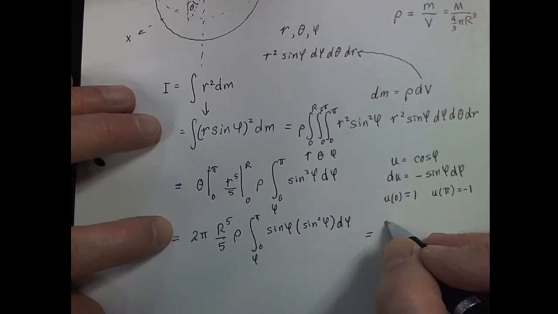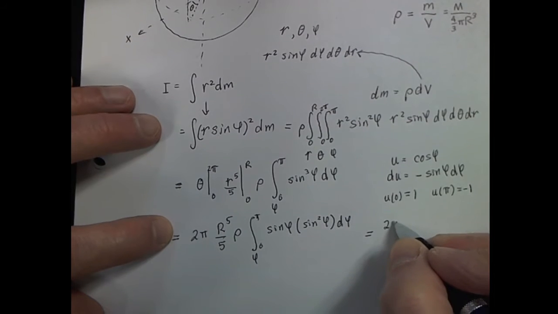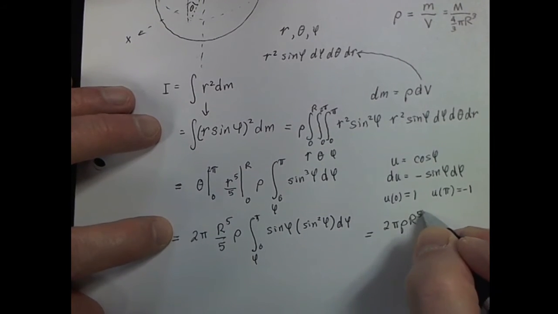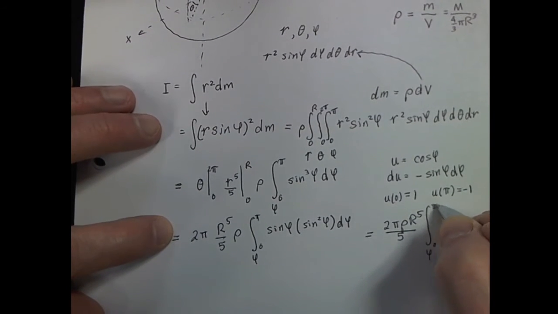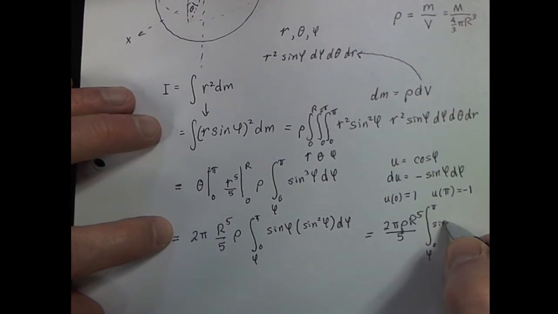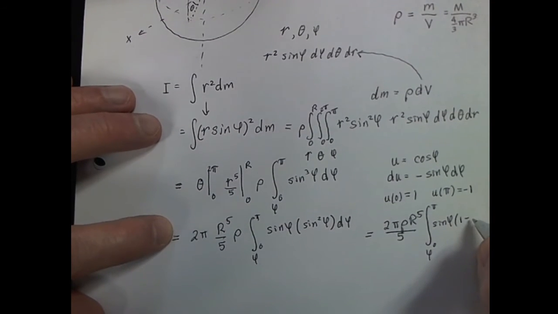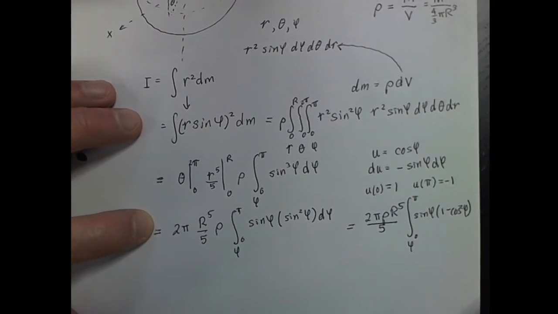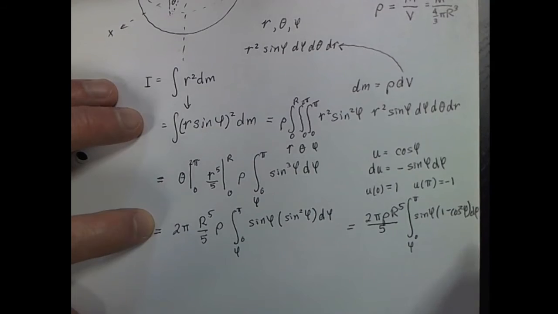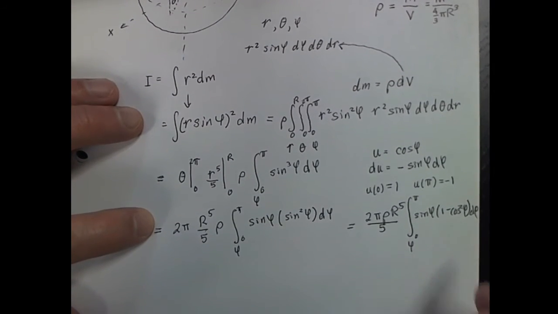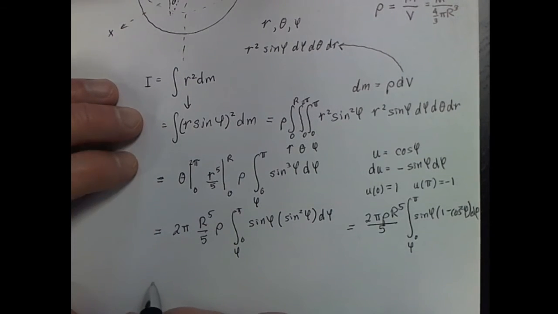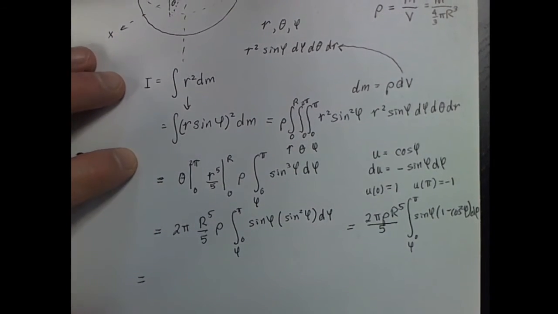I'm going to have 2 pi rho r to the fifth over 5, so I can write that all as one. And then this phi still goes from 0 to pi, sine phi times 1 minus cosine squared phi, d phi. Because sine squared phi is 1 minus cosine squared phi, same thing. Got to remember that from your pre-cal probably.